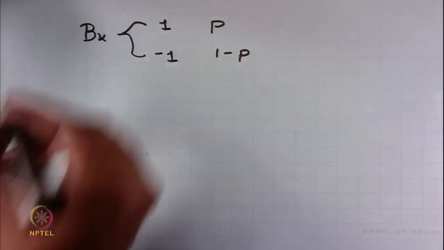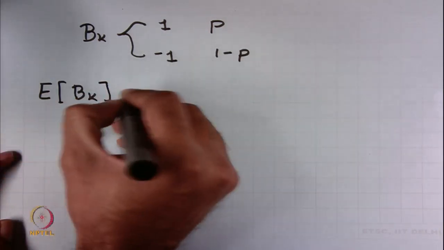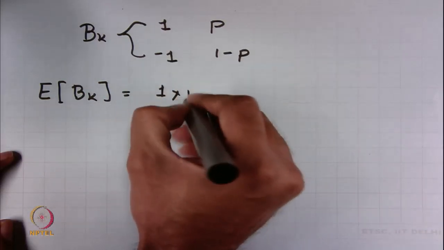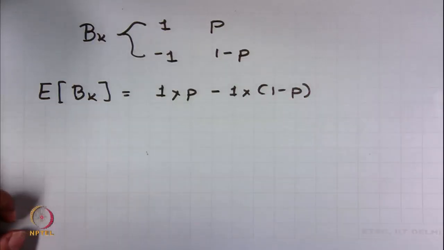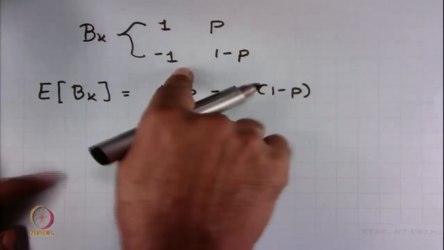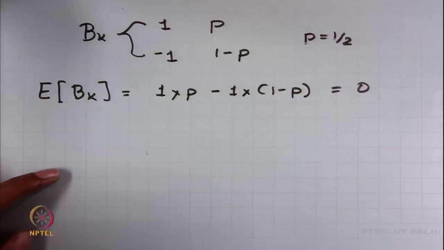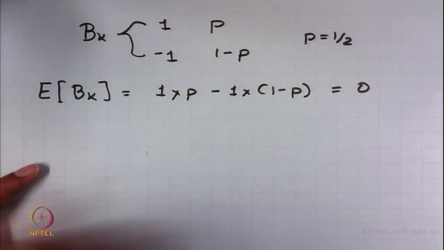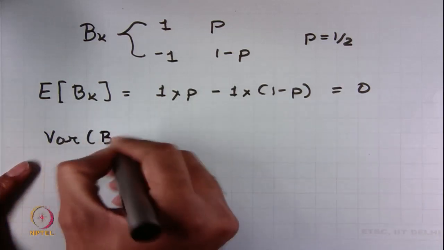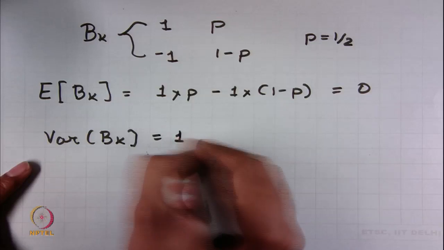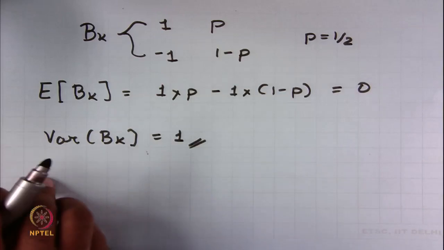If I find the expected value of B_k, this would be 1 times p minus 1 times (1 minus p), and if you assume that 1 and 0 are equally likely, that means p is half, you would get the expected value of B_k as 0. Similarly, I leave it to you to prove that the variance of B_k is 1. Try to work this out. So, here we are saying that the variance of B_k is 1.